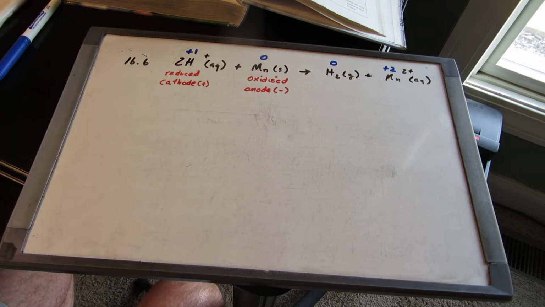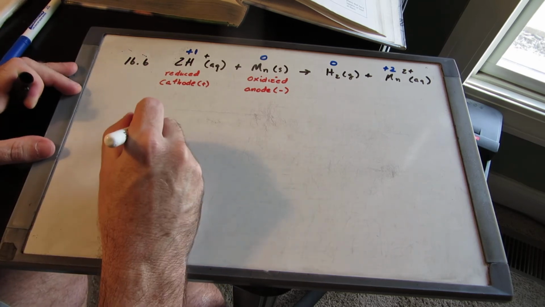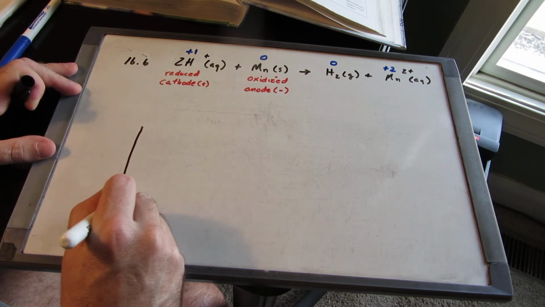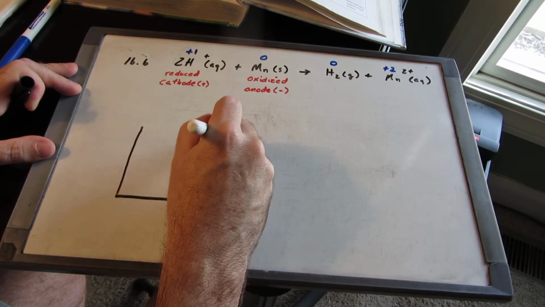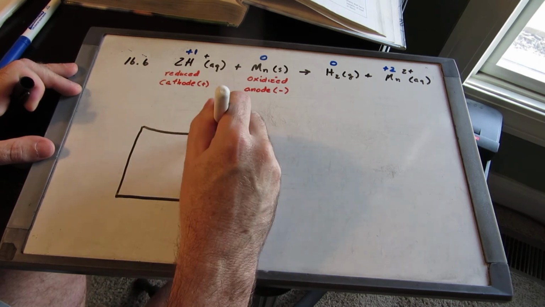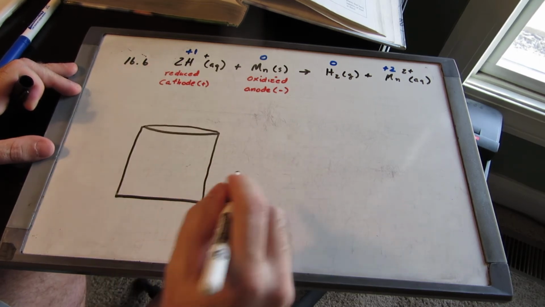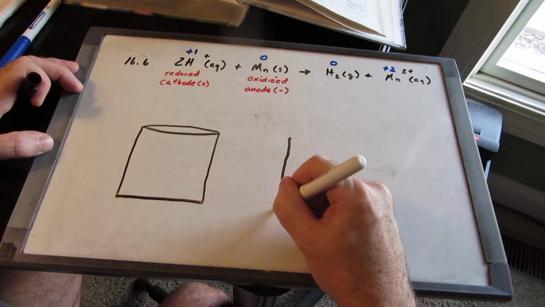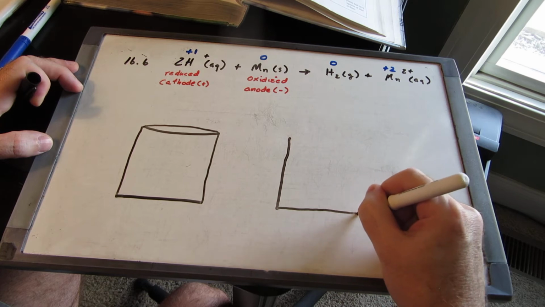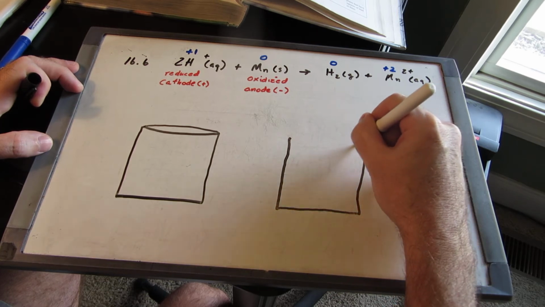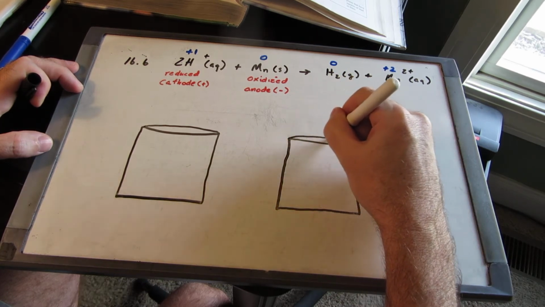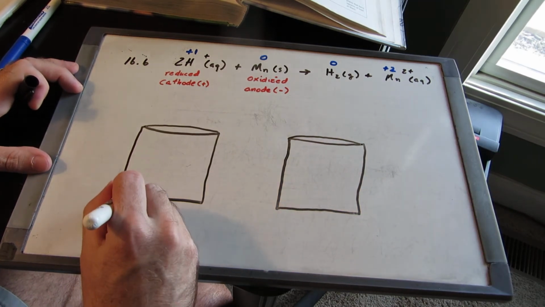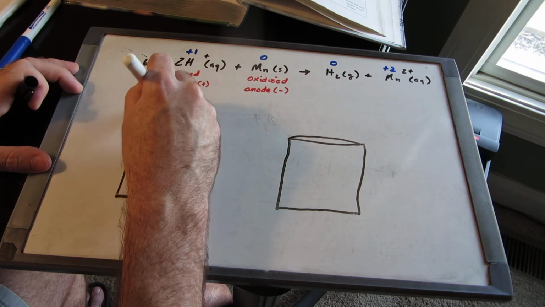So what we want to do is draw and label the parts of a galvanic cell. So you're going to draw 2 beakers. That's my attempt at a 3D representation of a beaker. Then we're going to draw 2 metal electrodes, just a strip of metal.